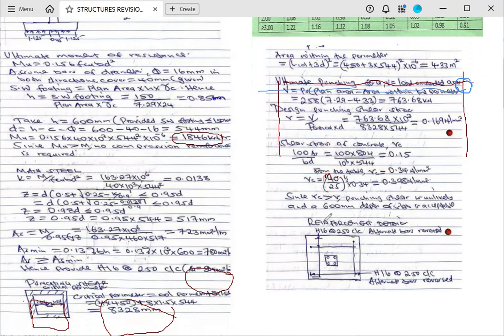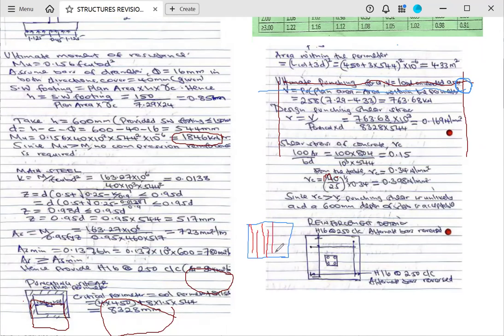So it indicates that it is H16 at 200 center to center, alternate bars reversed, just as I said from the previous lecture. Most of the time, alternate bars reversed means if this bar runs from the end here, it will stop here. Now the second bar will start from here, and run, but it will not reach the end. This is what we call the alternate bars reversed.